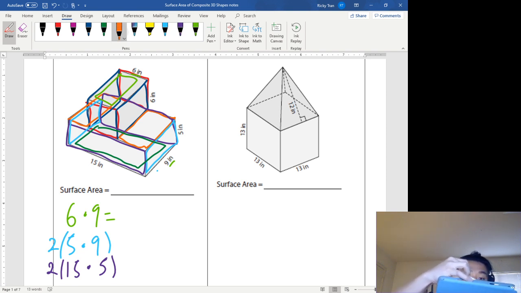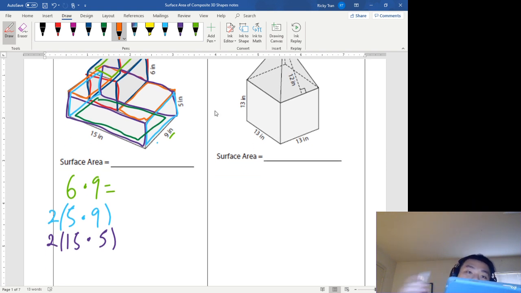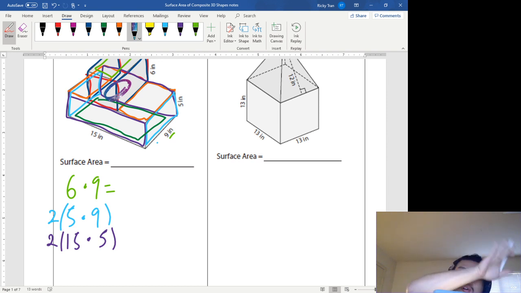In order to find orange, you actually have to find the total of the top, which is the same as the green, and you're going to subtract from it the missing part right here. This part right here has to be subtracted from that top part. That way you know only the surface area that's exposed. So for the green it's 15 times 9.